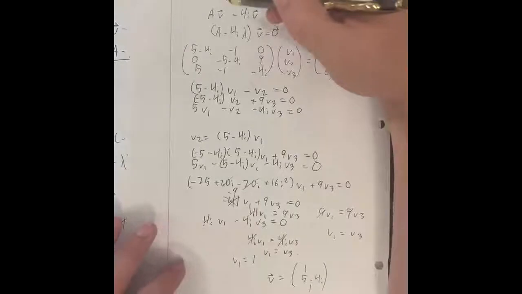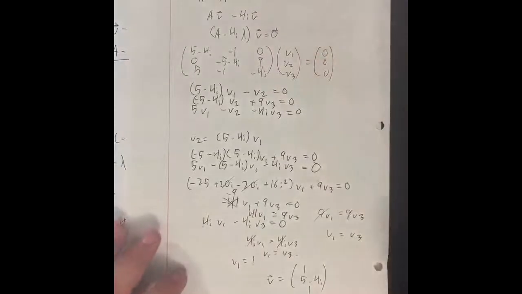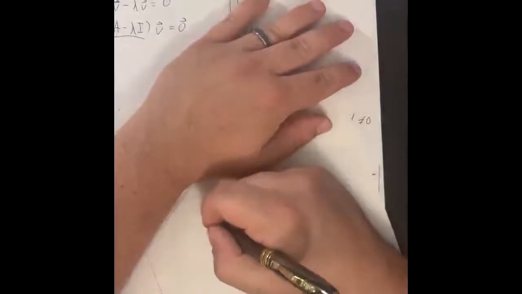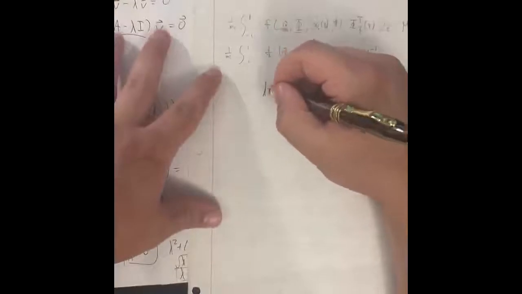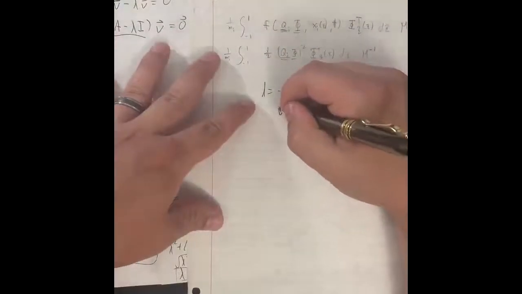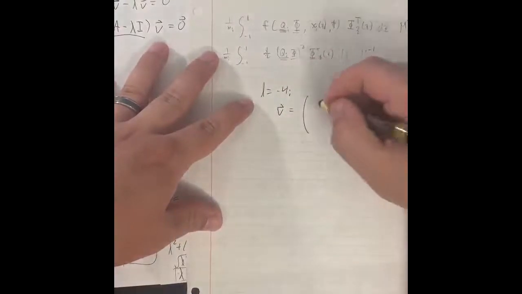And in fact, when we're doing these complex eigenvalues, if we wanted to do the one for lambda equals negative 4i, we could do that all again, but it turns out that the eigenvector is just the complex conjugate.